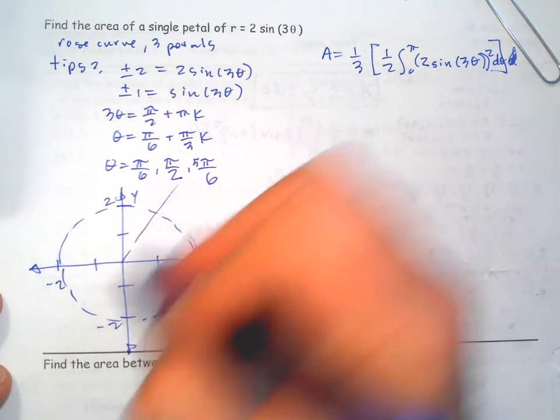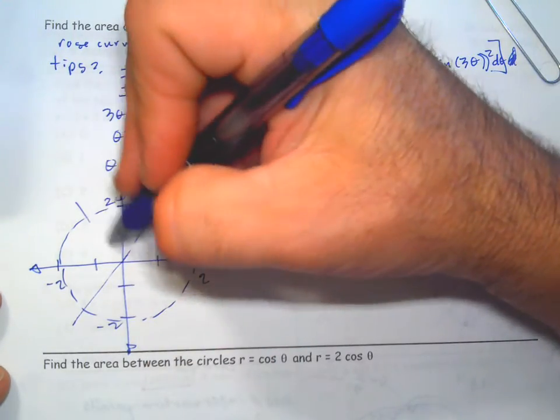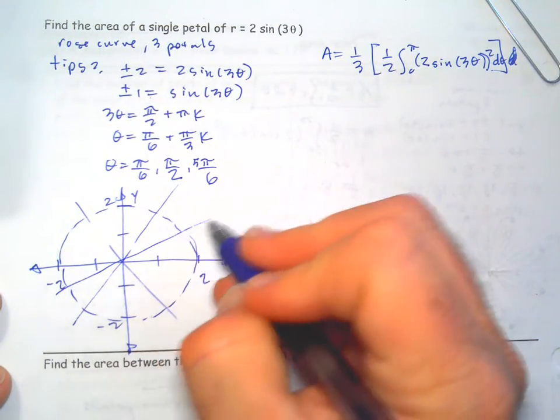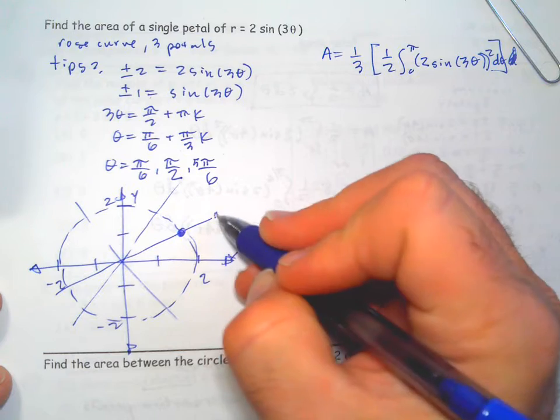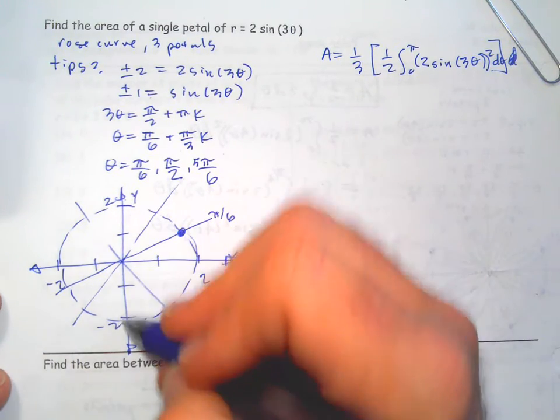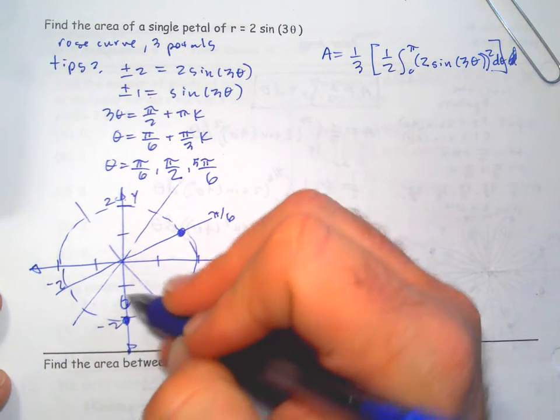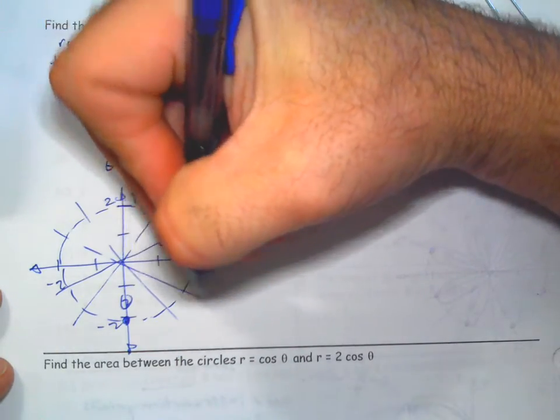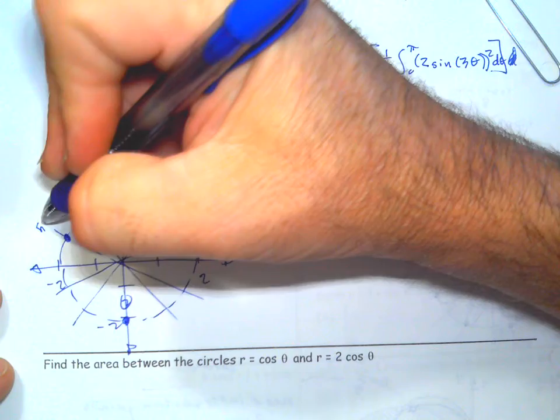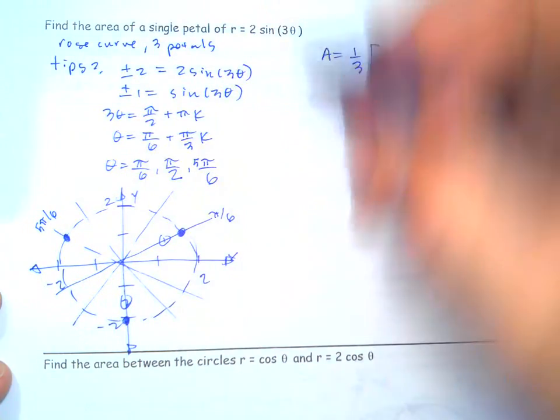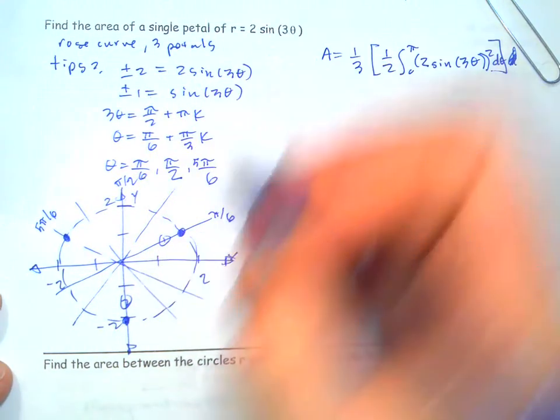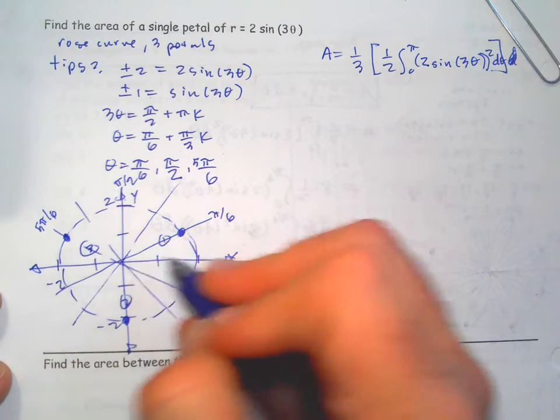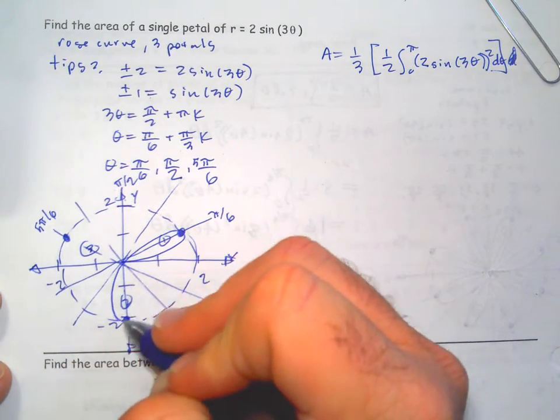So you want to graph pi over 3, 2 pi over 3, pi over 6. We cut that in half. That's where the first petal will be, and pi over 2 is going to be down here. That's the second petal, and then the third petal is going to be over here at 5 pi over 6. So the graph would look like that.